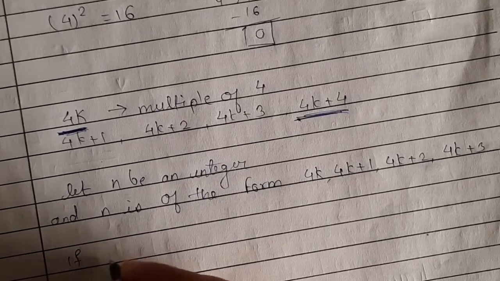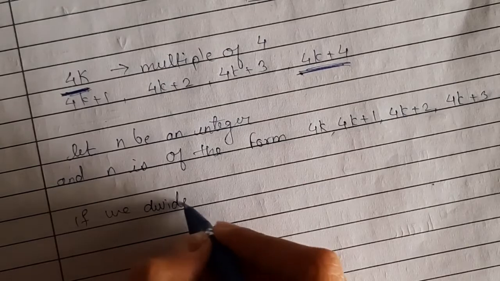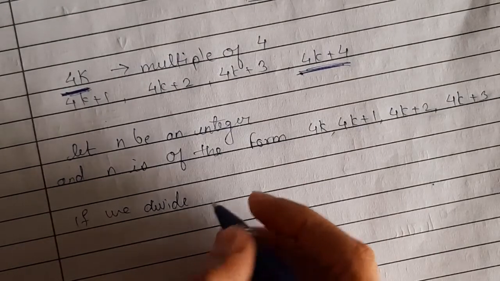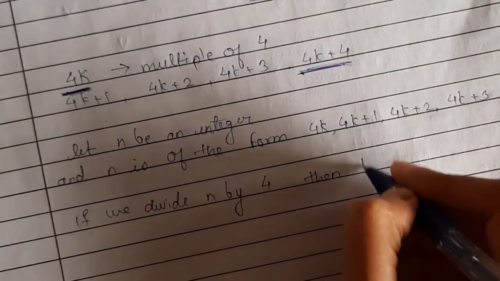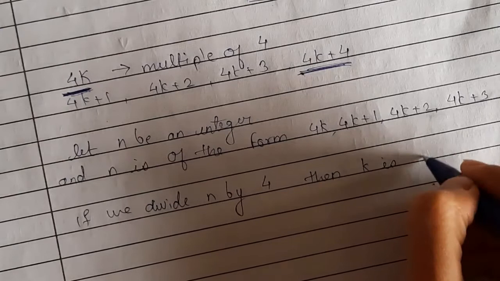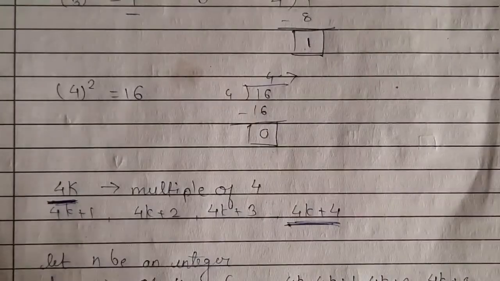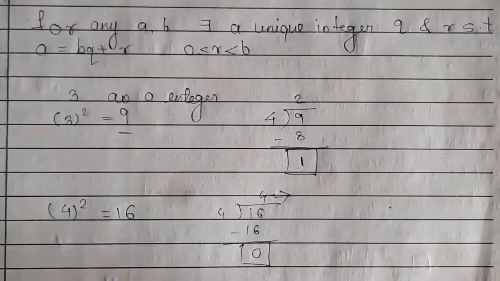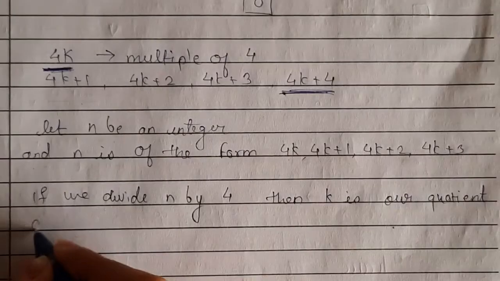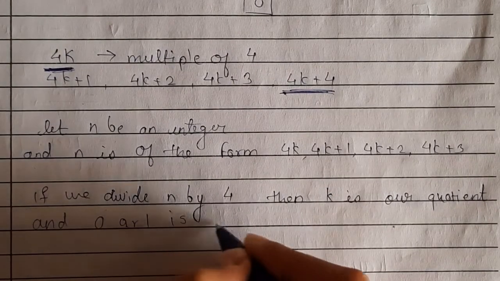If we divide n by 4, then k is our quotient. Here the quotient is k, and in our earlier example the quotient was 2. And 0 or 1 is our remainder.